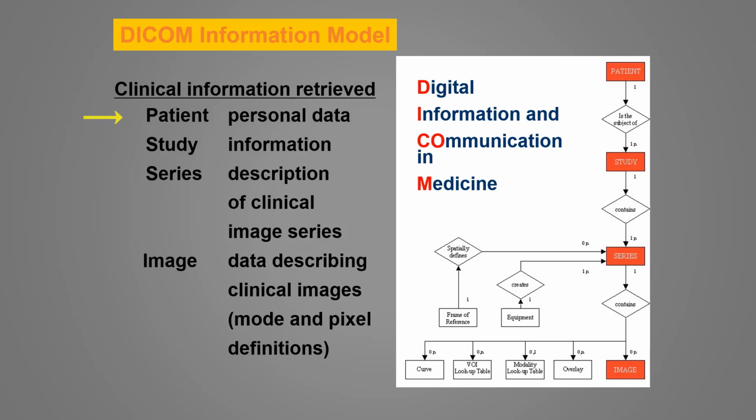The data being transmitted is the patient's personal data, the study information data, and a description of the clinical image series. Also, the image data describing the clinical images, both the mode like CT or DR, and pixel definitions are included in the information sent through the model.